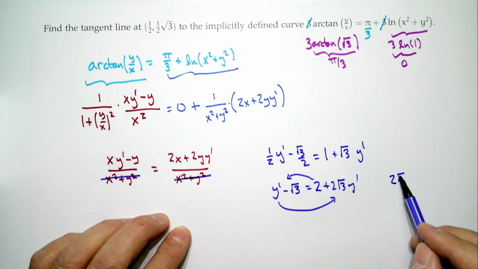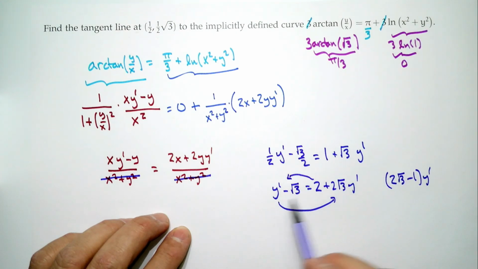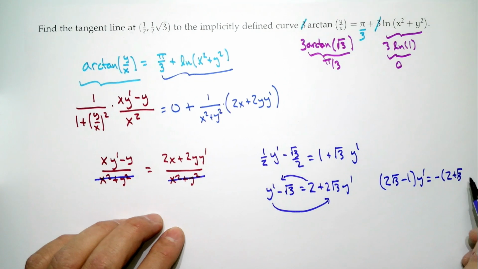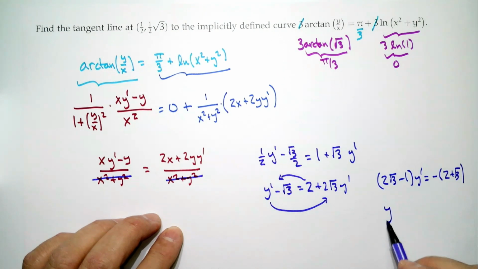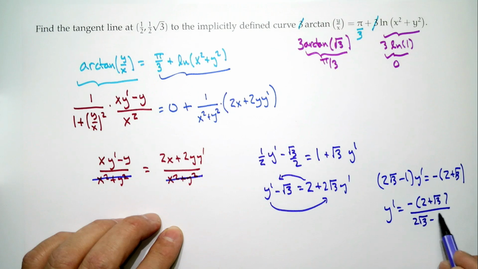So 2 square root of 3 minus 1 times y prime is equal to minus, and they're both going to be negative, so I pull a minus out, of 2 plus square root of 3. So the derivative is negative 2 plus square root of 3 divided by 2 square root of 3 minus 1.